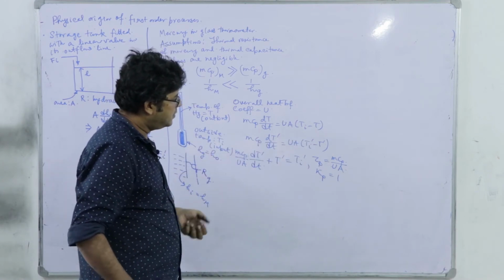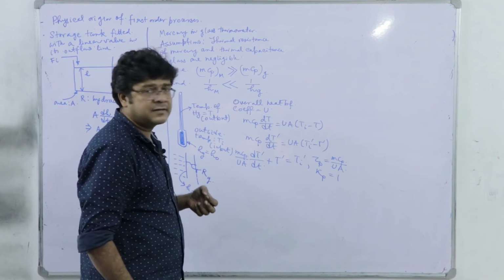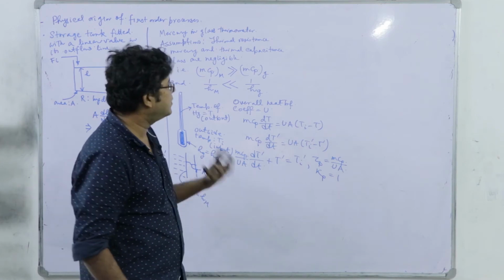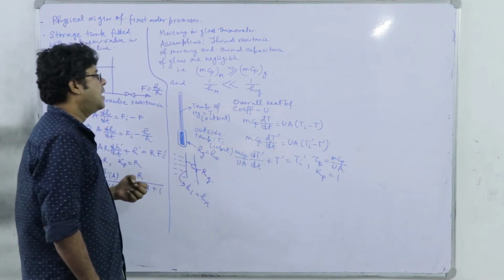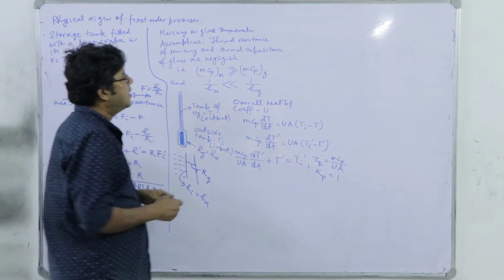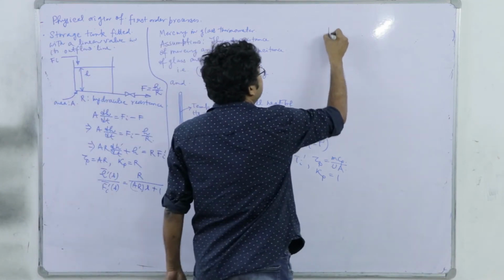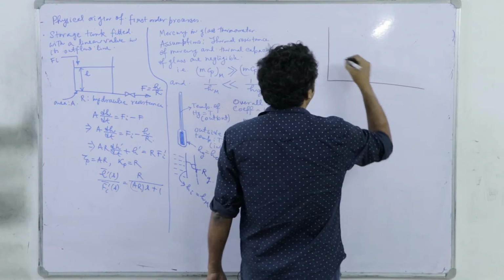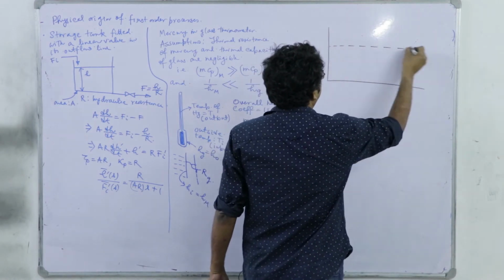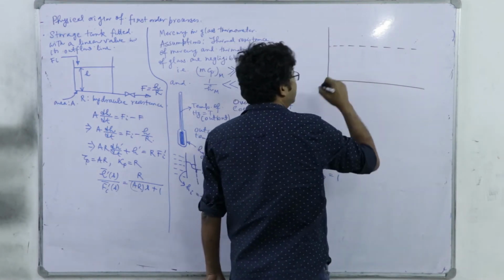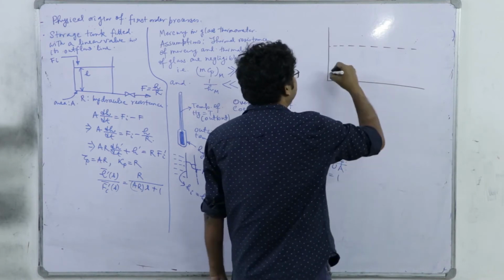It is pretty obvious that with the increase of time constant, we have higher sluggishness of the process. For example, the gain in both cases remains the same and they are given the same step change.